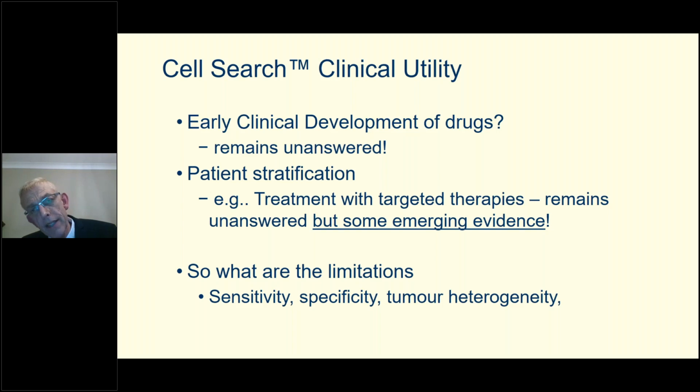I think these questions remain unanswered, but there is some emerging evidence which we'll talk about in a minute. But there are limitations to CellSearch and immunology-based methods in terms of sensitivity, specificity, and tumor heterogeneity. And we'll come to this in a minute.